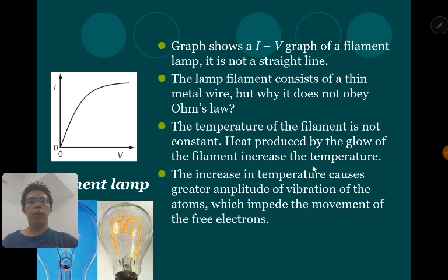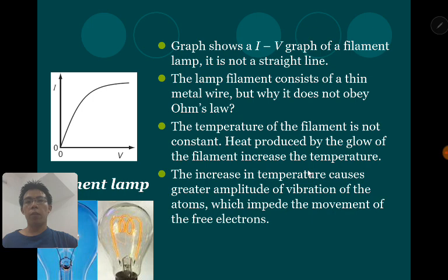So light and heat cause an increase in the temperature of the filament, and therefore the atoms inside the filament will start to vibrate at a greater amplitude, and that impedes the motion of the free electrons. Remember earlier we said that resistance is basically the opposition to the flow of the free electrons.